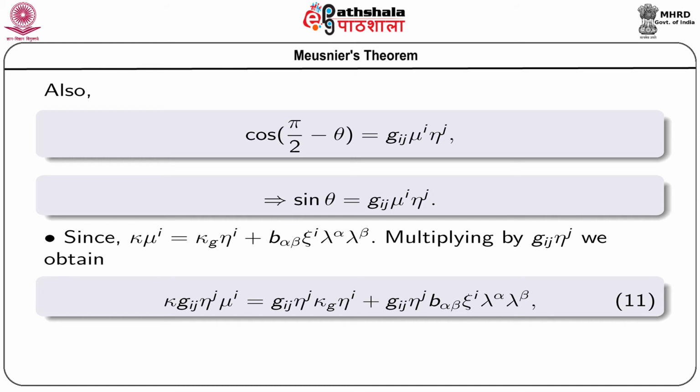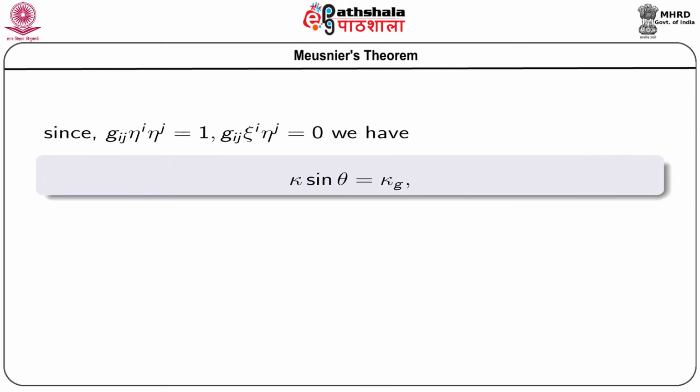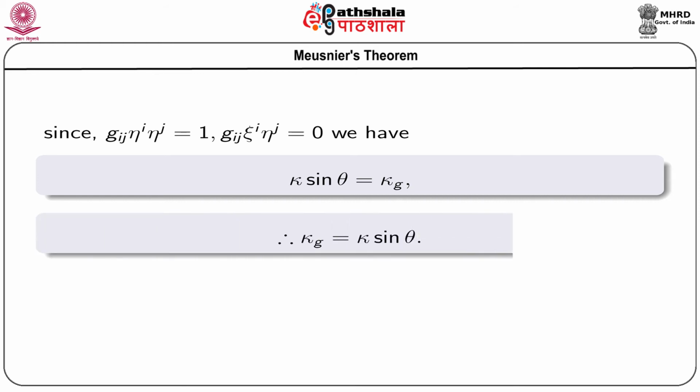So, as in the previous discussion, g_ij eta^i eta^j equals 1 and g_ij xi^i eta^j equals 0. So, we have kappa sin theta equals kappa_g. That means, the geodesic curvature of a surface is nothing but kappa sin theta. So, equation number 12 is kappa_g equals kappa sin theta.